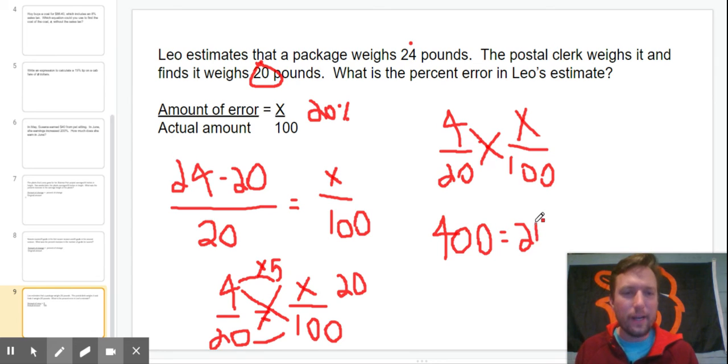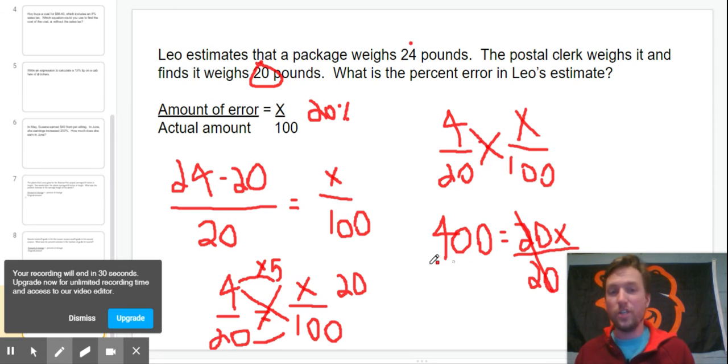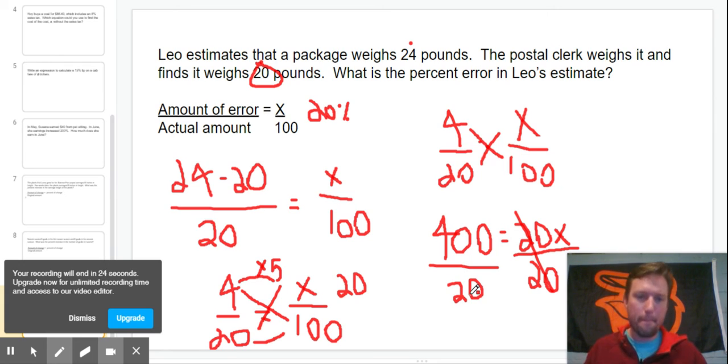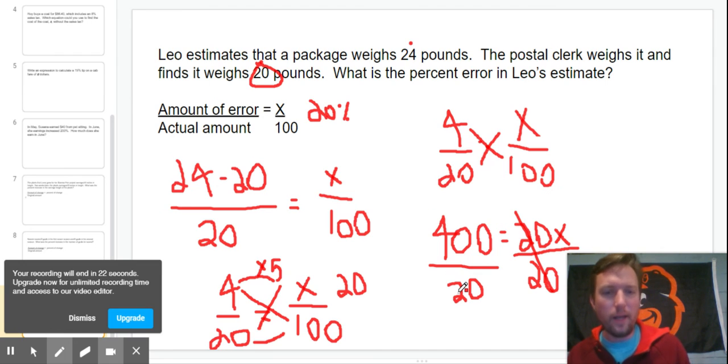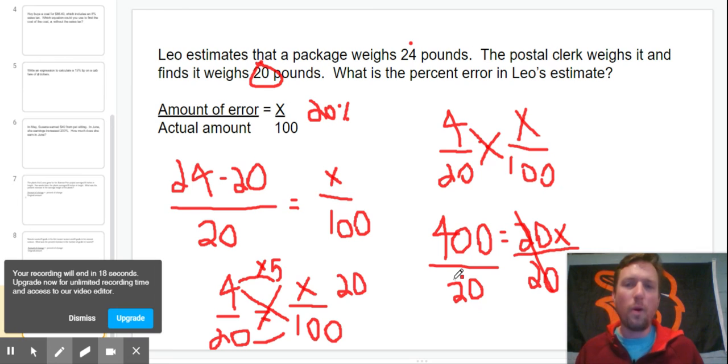And isn't this really interesting? I do my inverse operation to isolate the variable. If I'm multiplying, I'm actually going to divide, because 20 divided by 20 gives me 1, or just x. And then 400 divided by 20 gives me, wait for it, 20. So x equals 20. 20% is the percent of error.